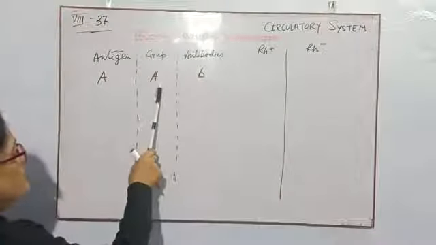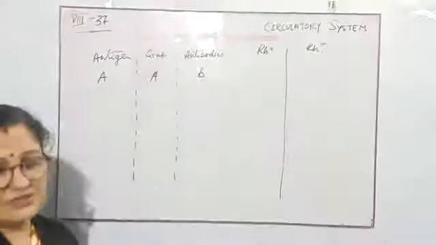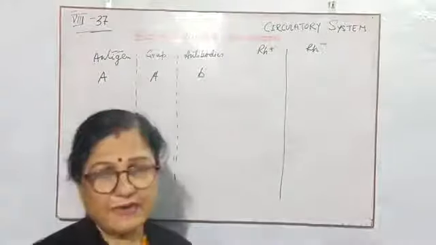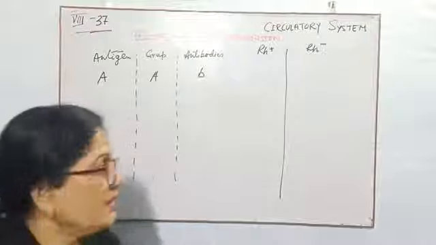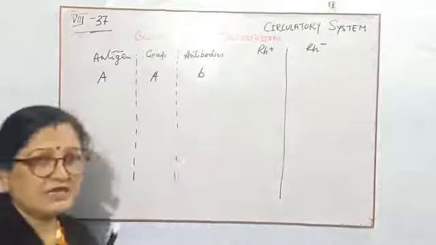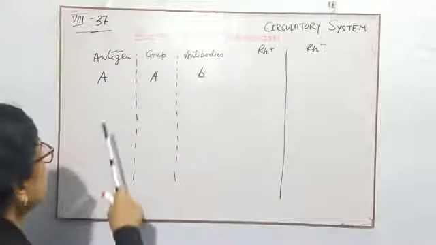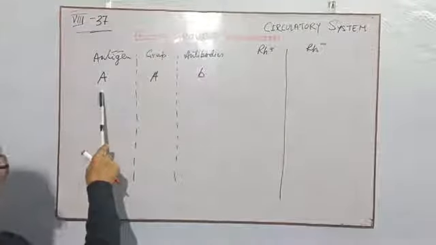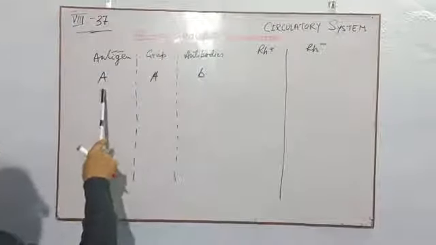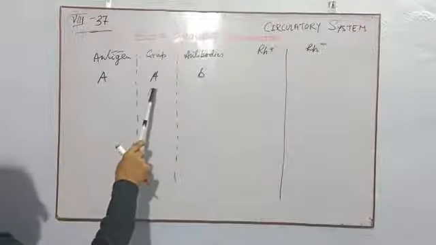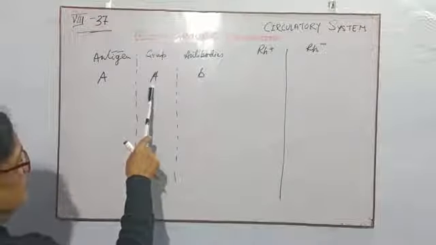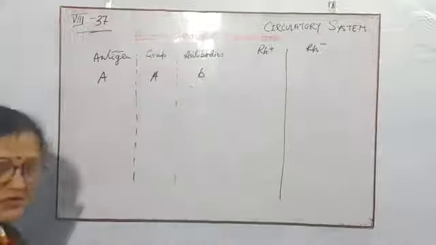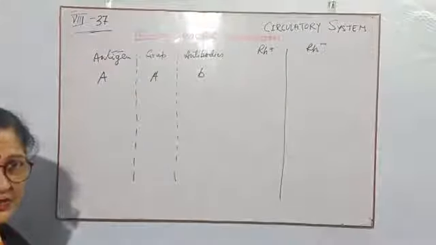One is in the capital and the other is in the small letter. In your book it is written as capital letters for both, but please don't write it that way. Antibodies will always be in small letters. So if there is A type of antigen on our RBCs, then my blood group will be A, and my body will produce the antibody b.